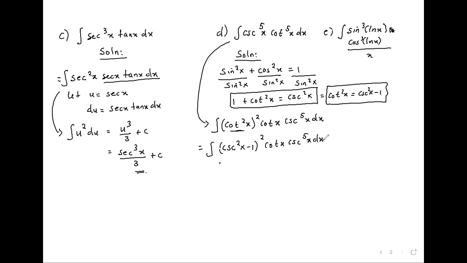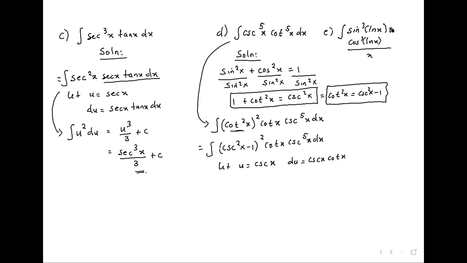Then we let u be cosec x. Then you see that du is cosec x cot x, it's minus.